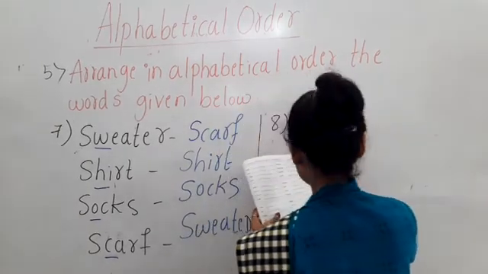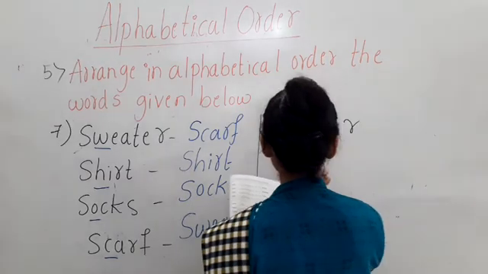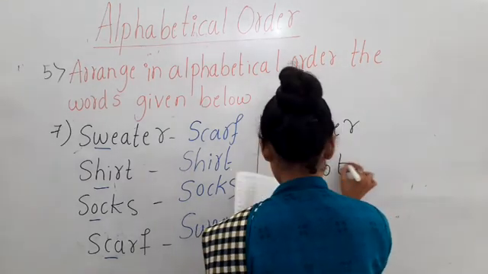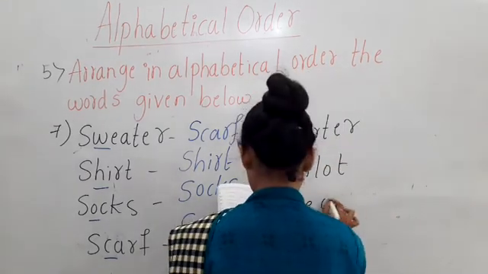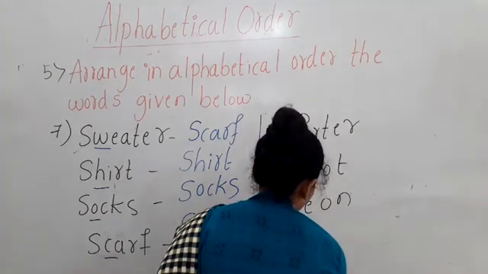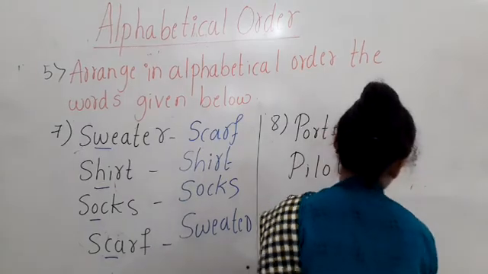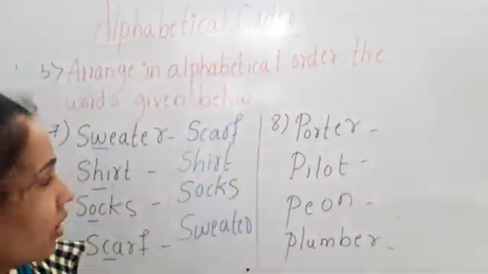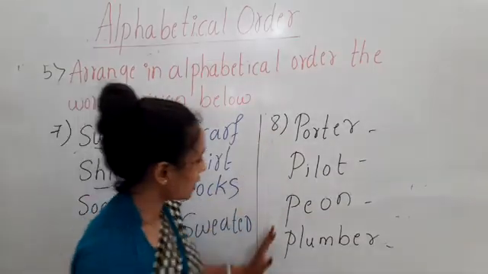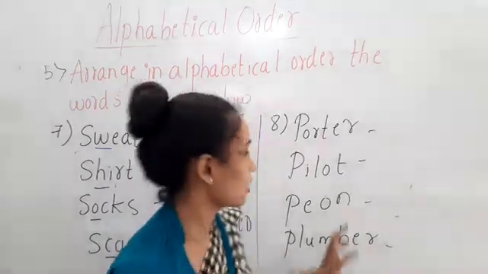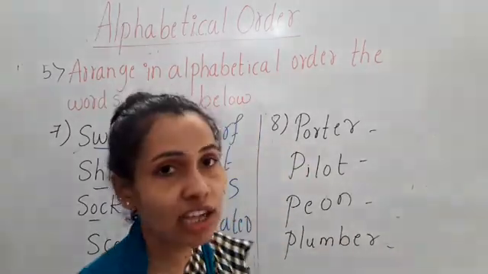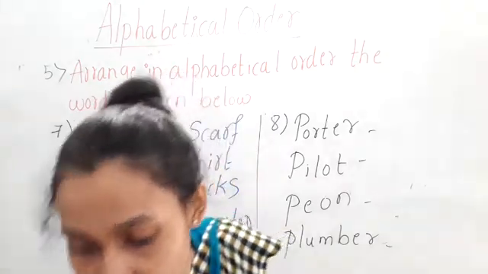porter, pilot, peon, plumber. Okay children, here all the first letters are same in all the words. P, P, P, P. In such case we have to look at the second letter.